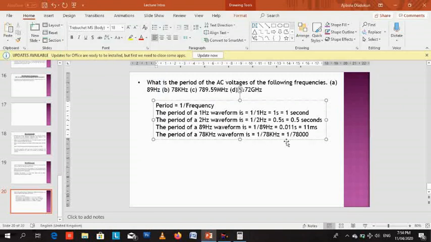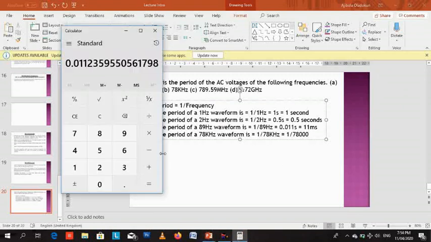78 kilohertz is 78,000. Remember that kilo is 10 raised to the power 3. So 78 multiplied by 10 raised to the power 3 gives us 78,000. So 1 over 78,000. Like I said, you don't divide when you have things like kilo, milli, micro, mega or giga. You first convert it.